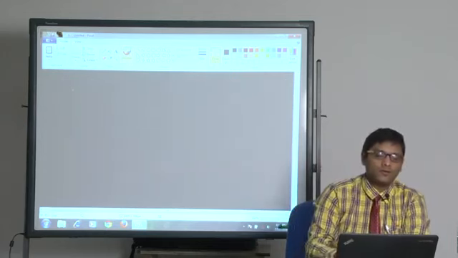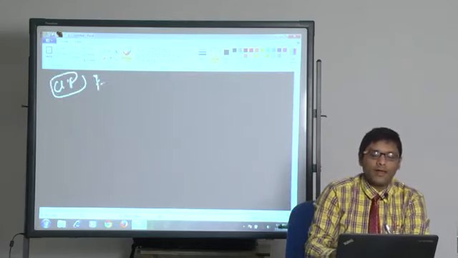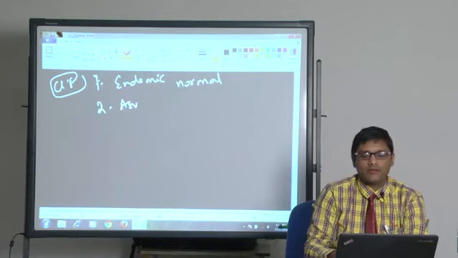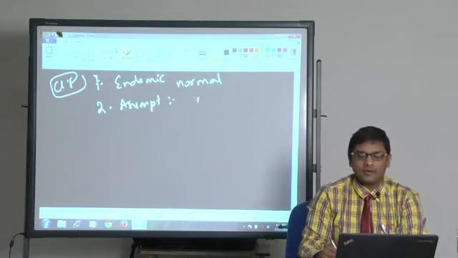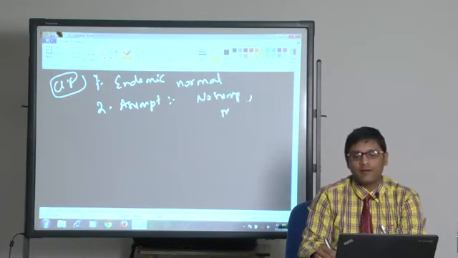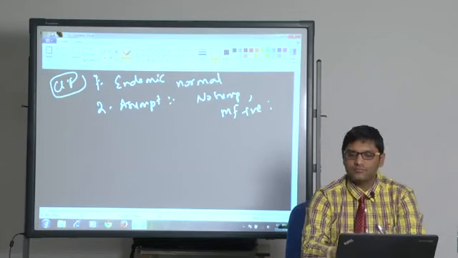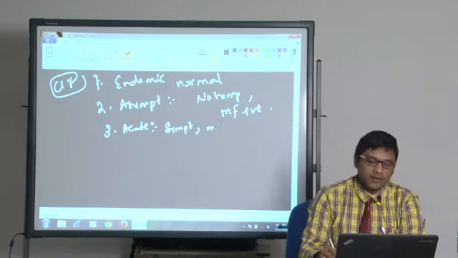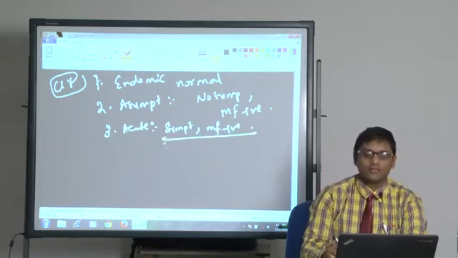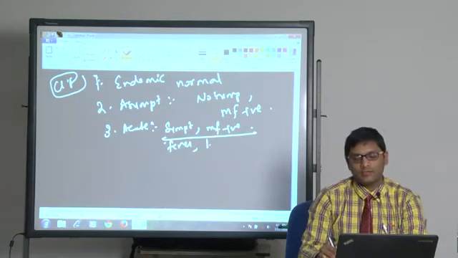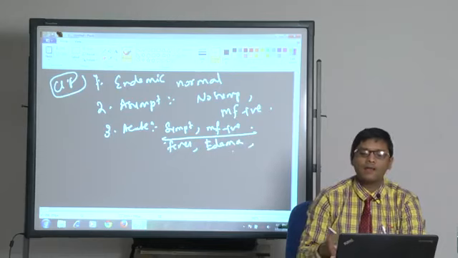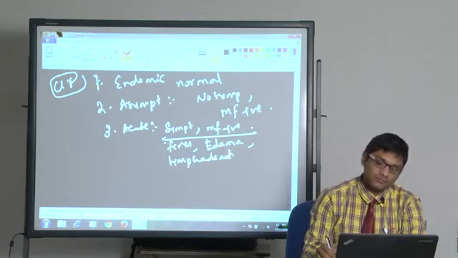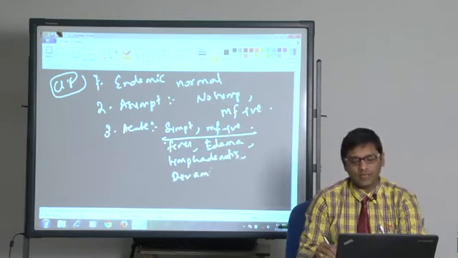And the disease can be classified into 4 stages: endemic normal, these are the normal individuals in an endemic area; asymptomatic filariasis, there is no symptom but microfilaria will be positive in blood; then acute filariasis, they are symptomatic patients plus microfilaria positive, with symptoms like fever, as I told you, edema, lymphedema, then lymphangitis, lymphadenitis, dermatolymphangitis, skin infection.